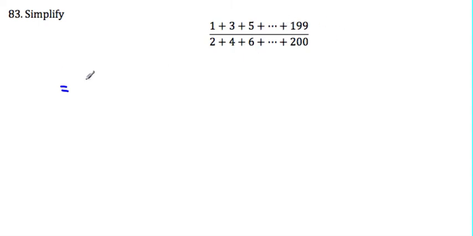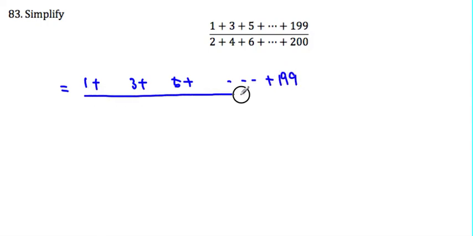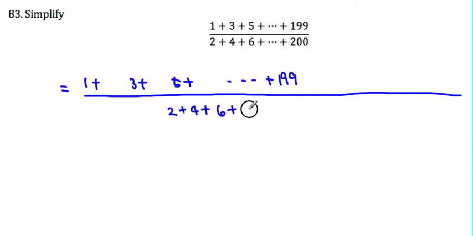So in fact, what I'm trying to do is 1 plus 3 plus 5 all the way up to 199, and then we have 2 plus 4 plus 6 up to 200.